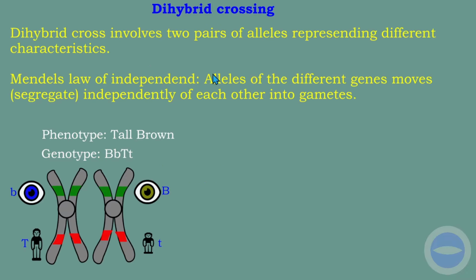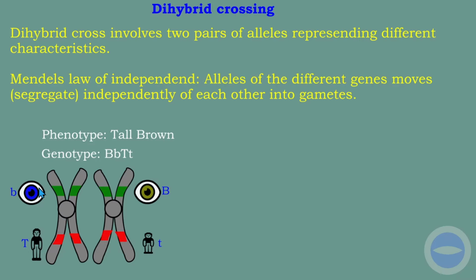Now let's look at dihybrid crossing. Dihybrid crossing involves 2 pairs of alleles representing different characteristics. Here I have a homologous chromosome which has 2 alleles. We have an allele for eye color and an allele for height.